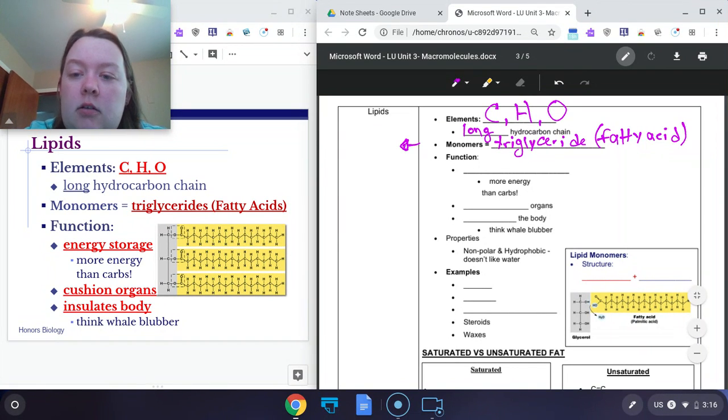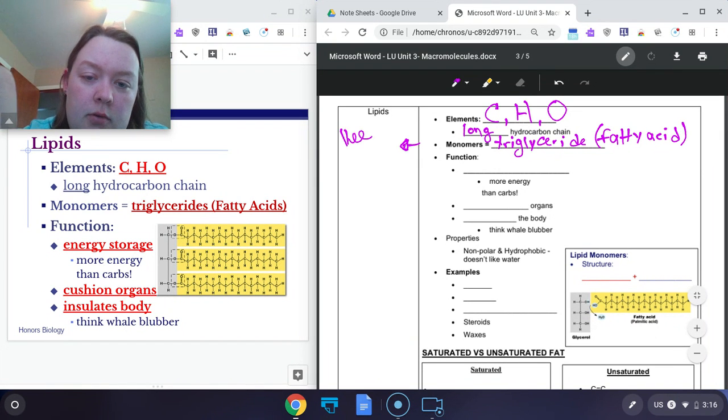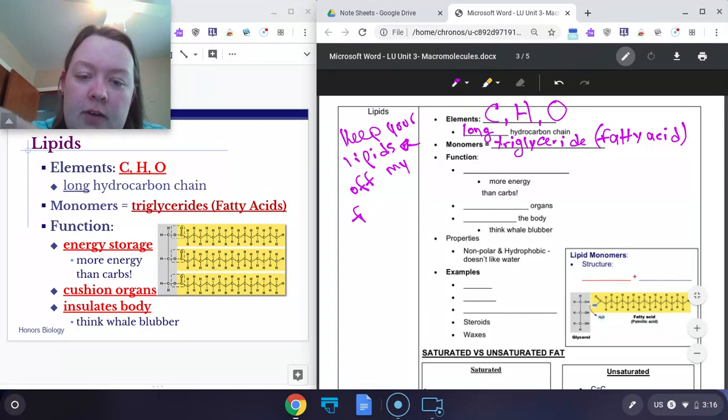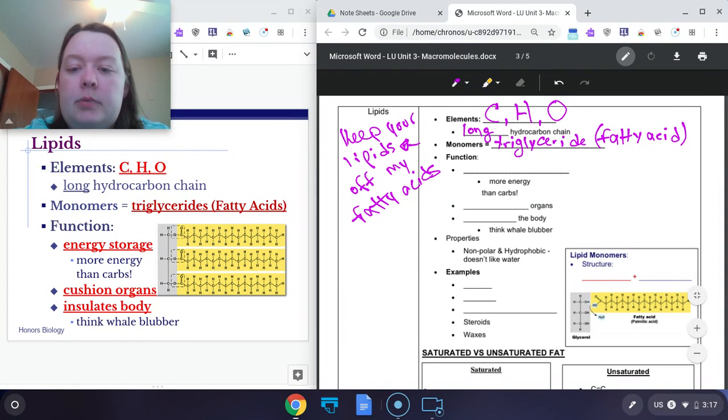The memory trick for fatty acids and lipids is: keep your lipids off my fatty acids. Keep your lipids off my fatty acids.